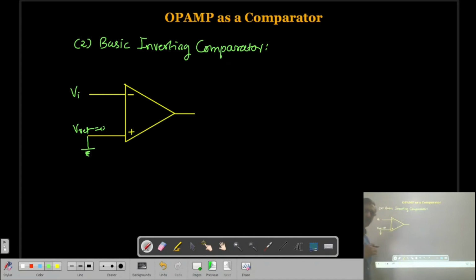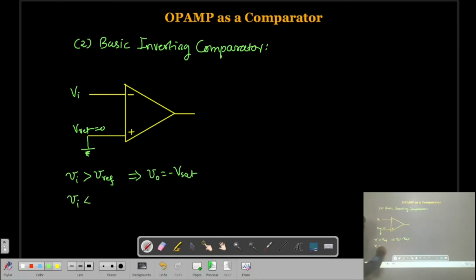Now in this case, what will happen? When my input voltage is greater than the reference voltage, for example input voltage is plus 1, plus 2, minus 1, plus 1, plus 2, plus 3, like this, then the output voltage will be minus V saturation. Remember, it will go to the negative saturation.